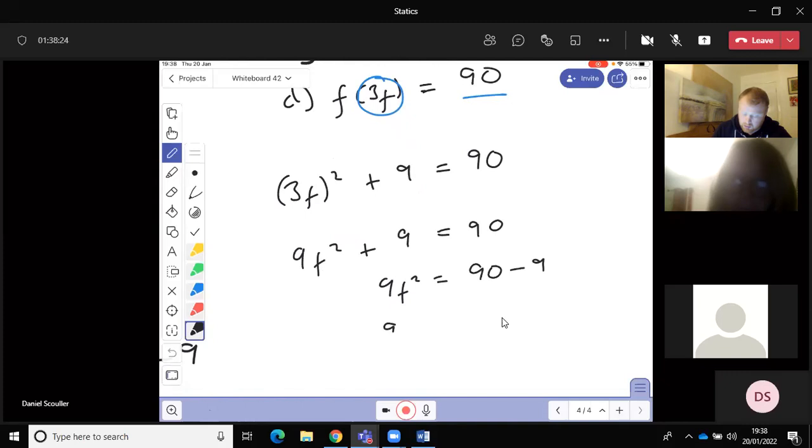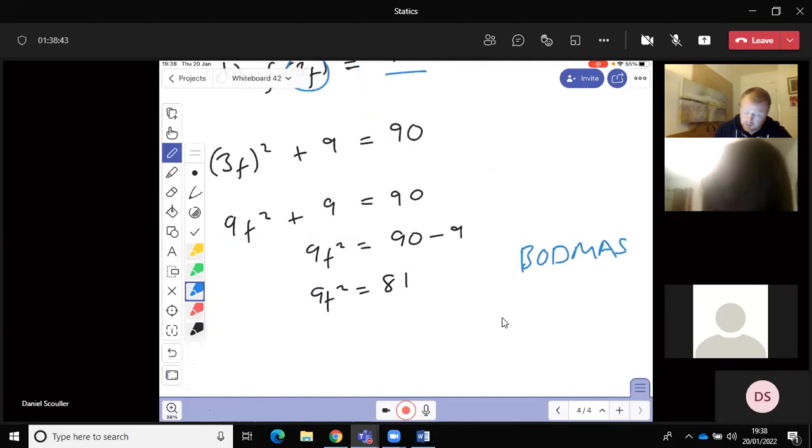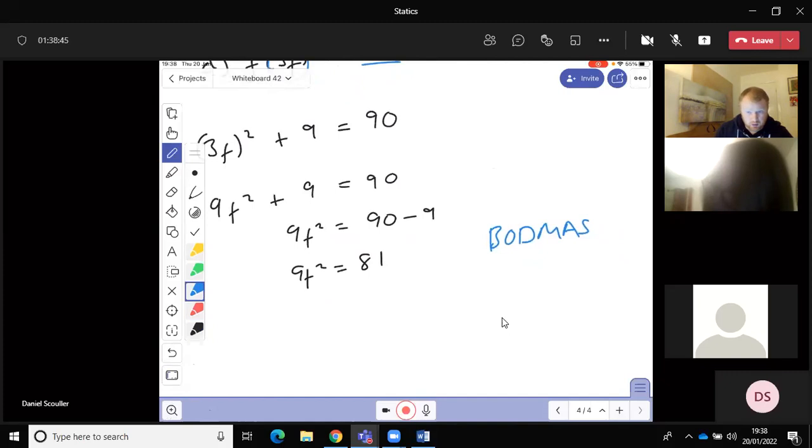And then just go through it as if... Remember, when we're solving these, we're following BODMAS. When you're rearranging, BODMAS is going in reverse. So we've moved the add and subtract over first.